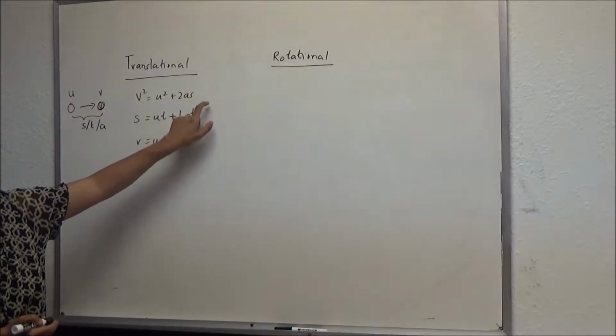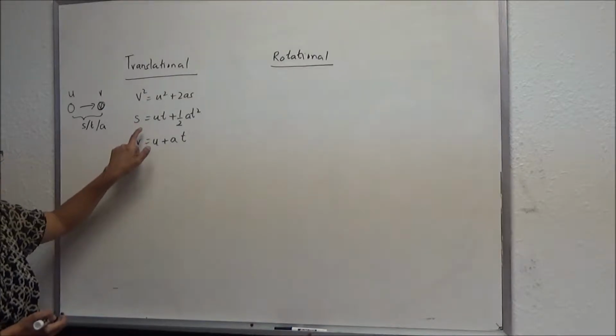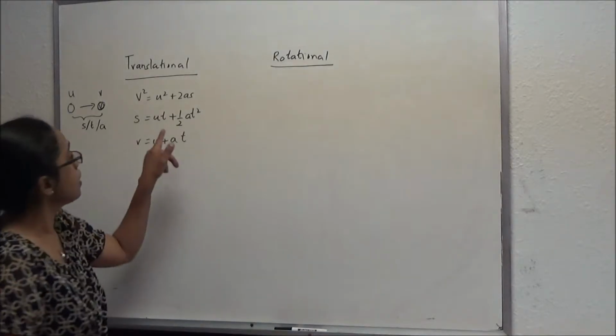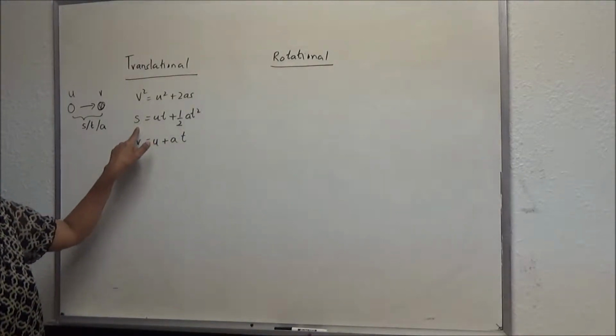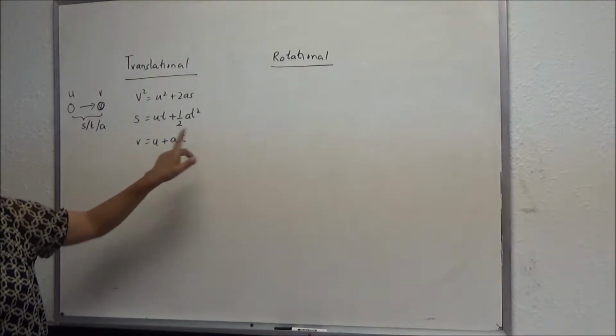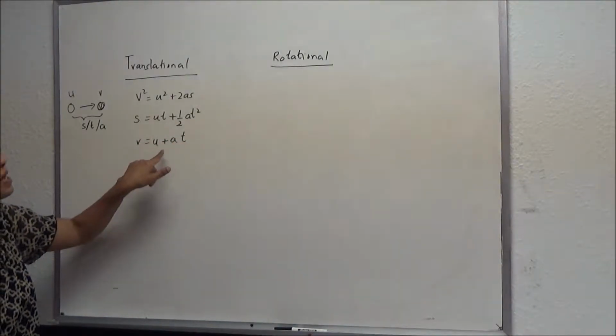You should know this by heart. The displacement s equals ut plus half at squared. And v equals u plus at.